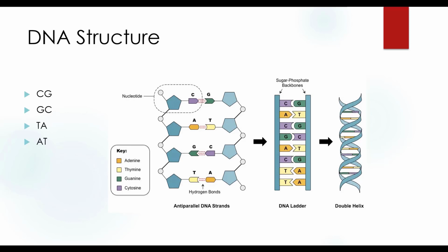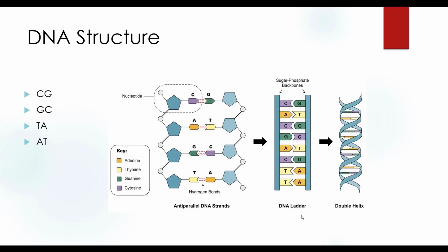The order or sequence of these bases determines the information available for building and maintaining the organism, similar to the way in which letters of the alphabet appear in a certain order to form words and sentences.